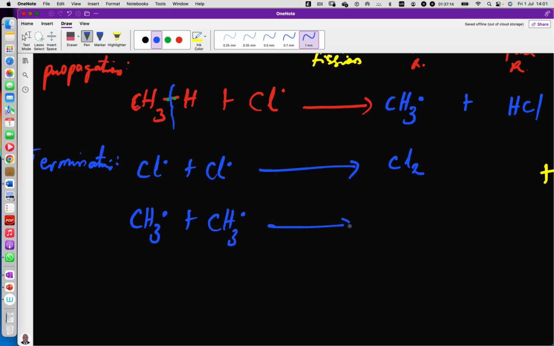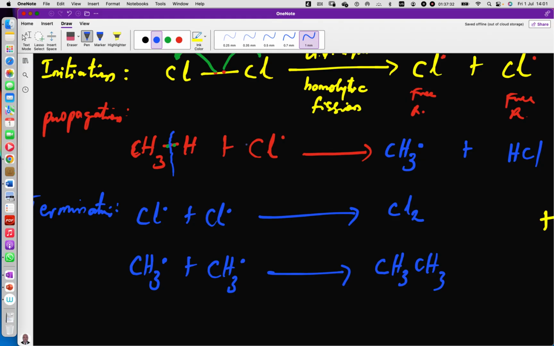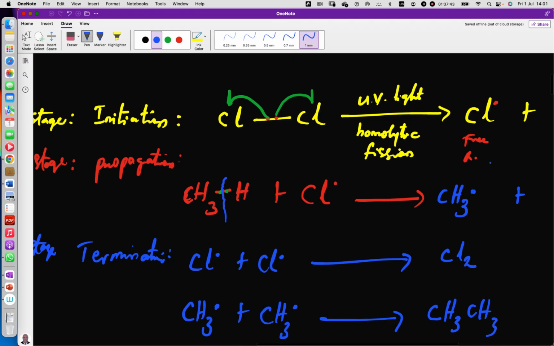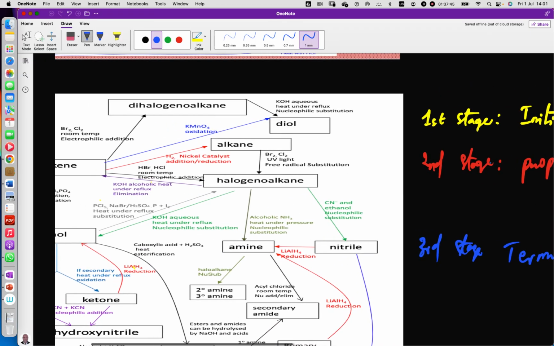The product is ethane. So at the termination stage, a free radical reacts with another free radical, and the reaction completes. At the propagation stage, there must be a production of a free radical, then one of the free radicals will react with the other one, and hydrogen chloride is formed. So these are the stages that we will undergo at this level.